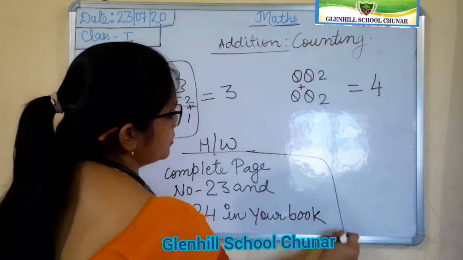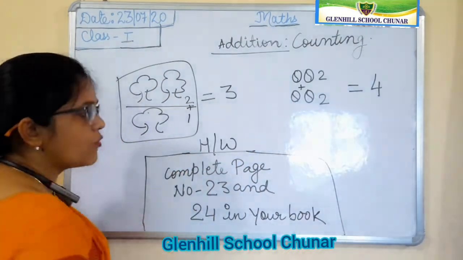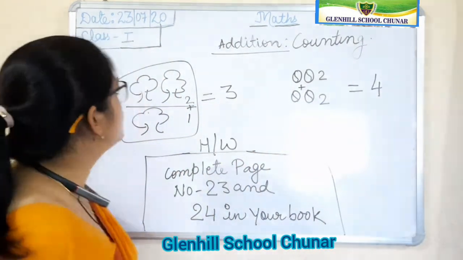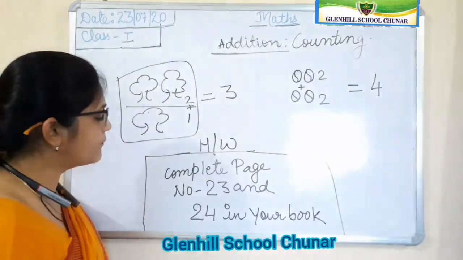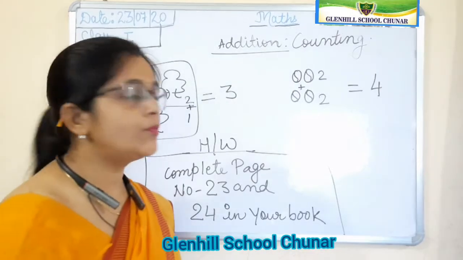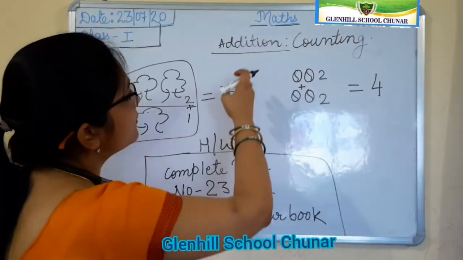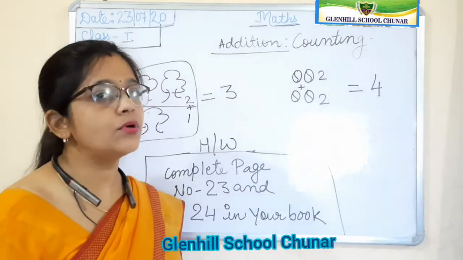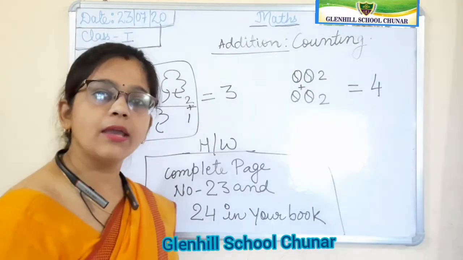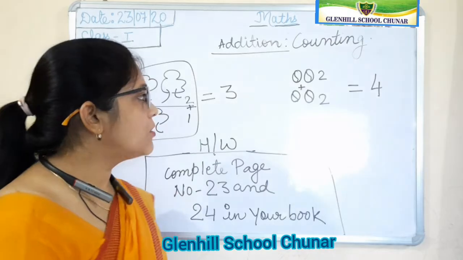Okay, student? So this is your homework for tomorrow. 23 page number and 24 you have to complete in your book. And I hope you all have understood the addition, counting. Only one page is there in your book, so you have to complete it.